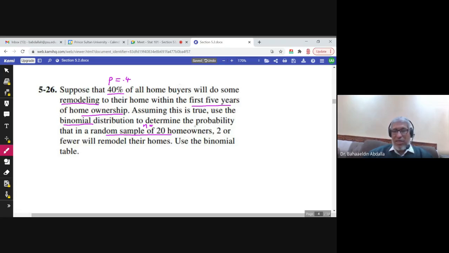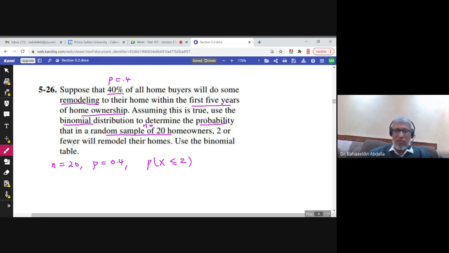Homeowners, determine the probability of 2 or fewer. Okay, so n is 20, p is 0.4.